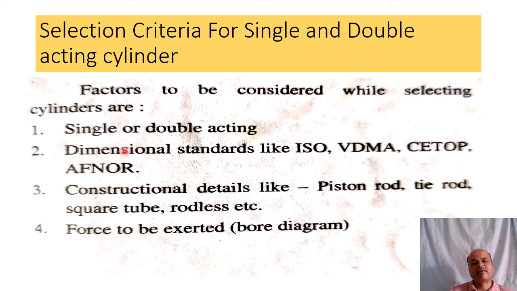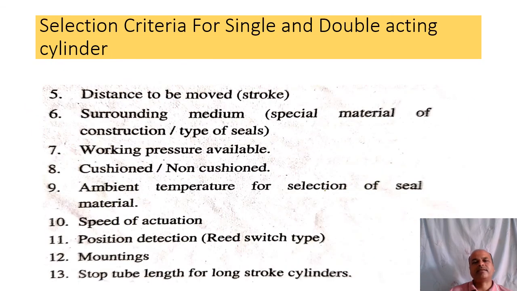Which one you have to select. Then dimensional standards like ISO, VDMA, set top, FNR. Then constructional details like piston rod, tie rod, square tube, rodless, etc. Then the fourth parameter, force to be exerted, how much force to be exerted.